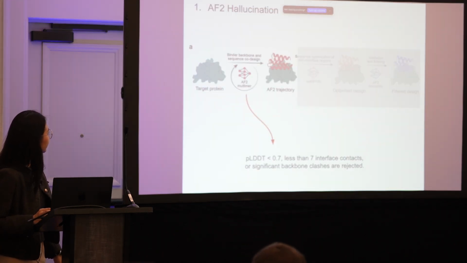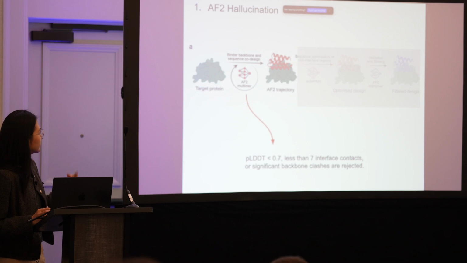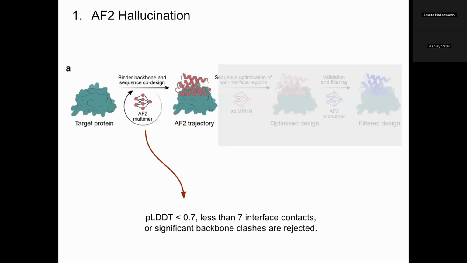Throughout the first hallucination part, you can get candidates of binders, and after that it's better to filter them based on confidence scores, like pLDDT and the number of contacts.